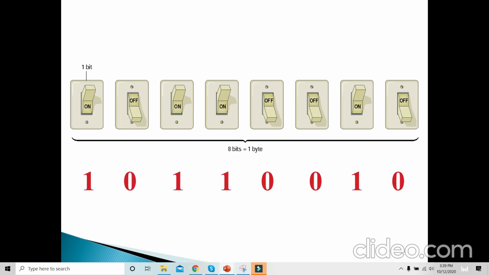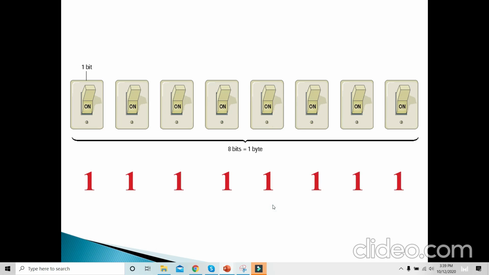This is how it shows. So this is actually a complete set of numbers. Let's say, for example, all 8 switches have been turned on. Each value is represented by each switch.